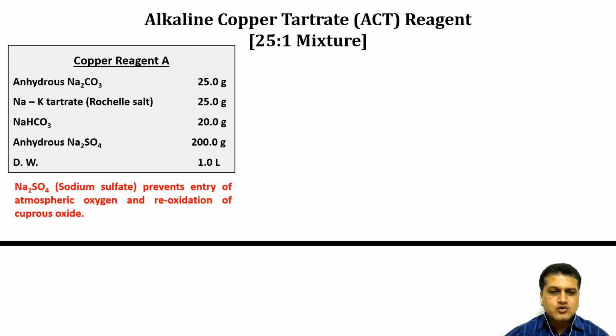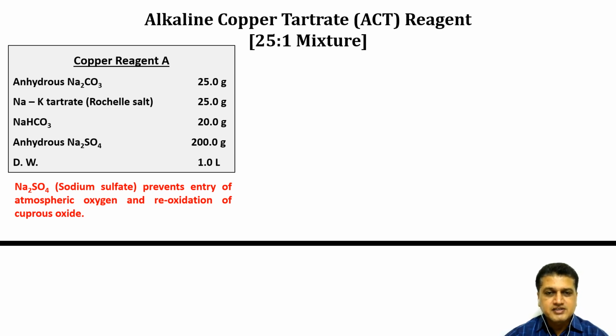To prepare copper reagent A, take 25 grams of anhydrous sodium carbonate, 25 grams of sodium potassium tartrate, that is also known as Rochelle salt, 20 grams of sodium bicarbonate and 200 grams of anhydrous sodium sulfate. Add distilled water to make the final volume 1 liter.